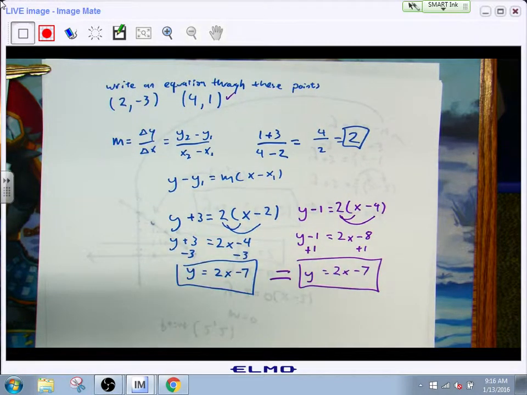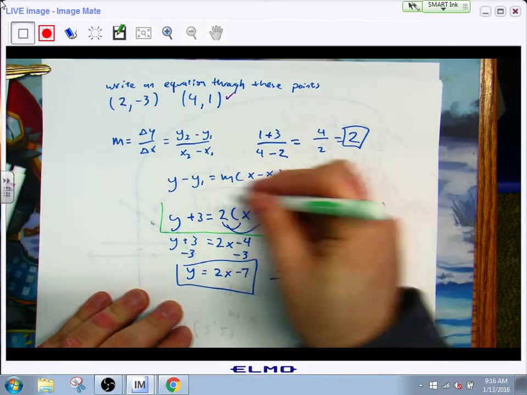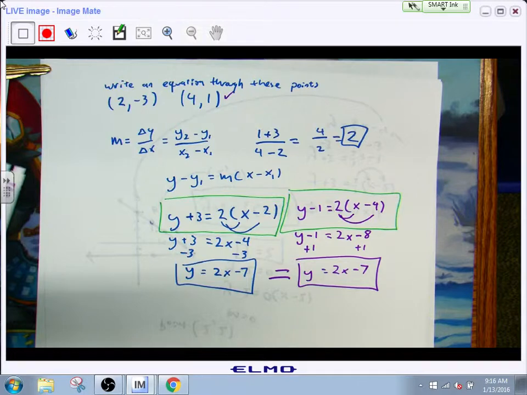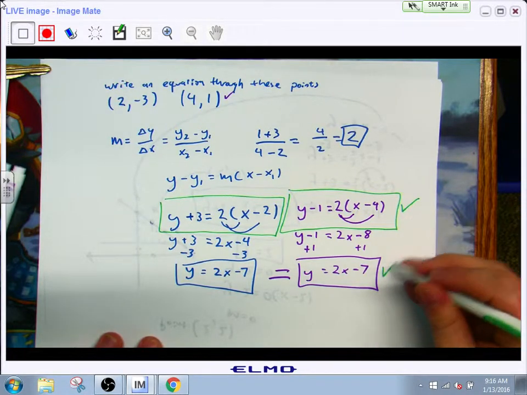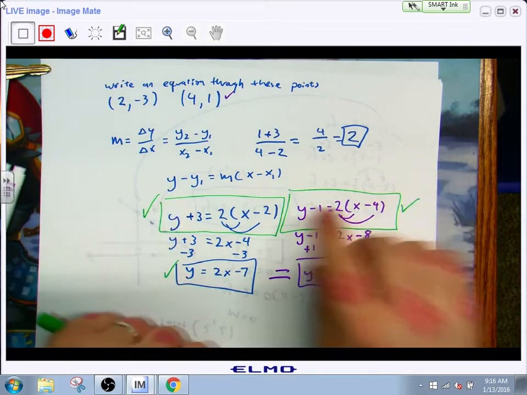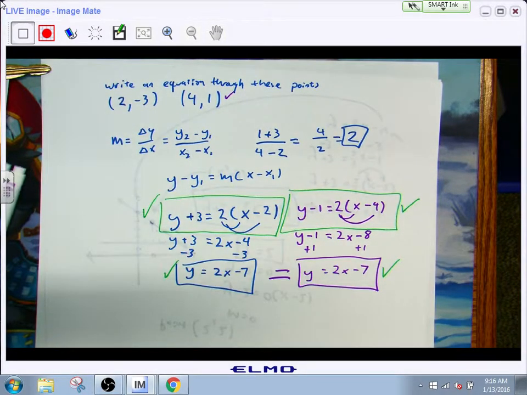So even though these representations look different, they are equivalent. They are communicating the same relationship. This here, this here, this here, this here, they're all communicating the exact same relationship. These are all equations of lines that pass through those 2 points.